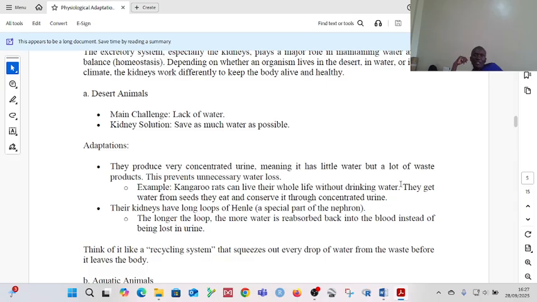Still, these desert animals have kidneys with very long loops of Henle. If you remember the structure of a kidney, it is along the loop of Henle that water is reabsorbed. So if the loop of Henle is long, it means more water is reabsorbed back into the blood system. If more water is being reabsorbed, then the eventual product that is taken out of the excretory system, in this case urine, will not have a lot of water, and that's why the urine will become fairly concentrated.